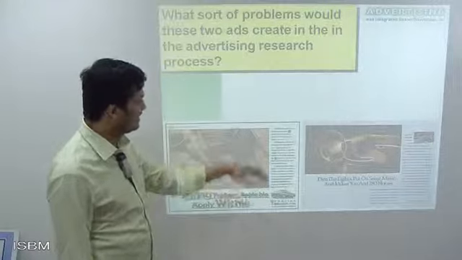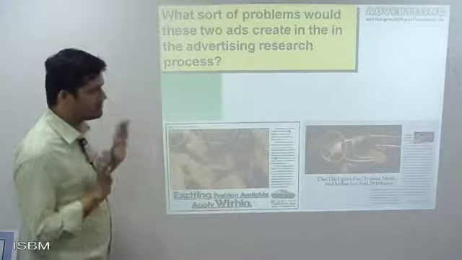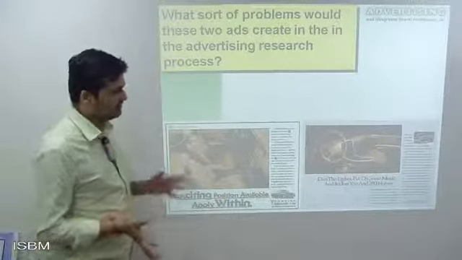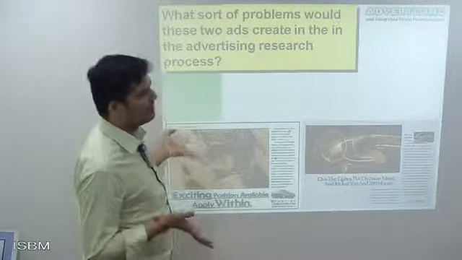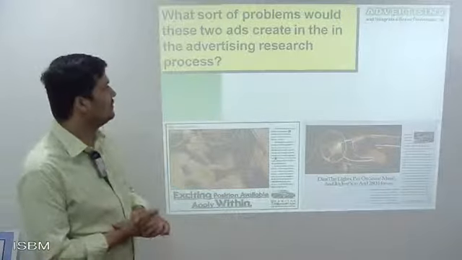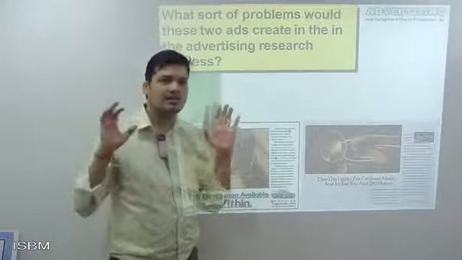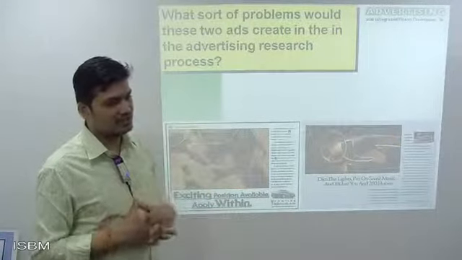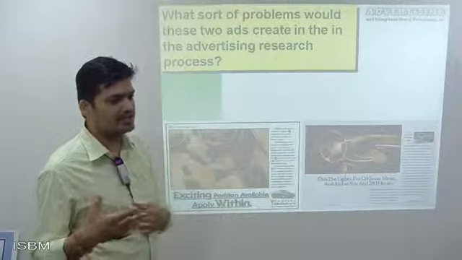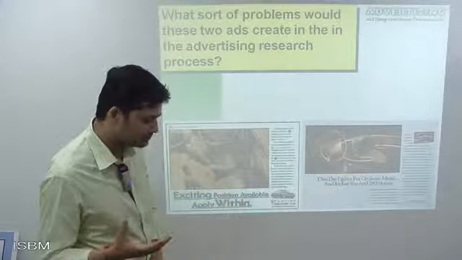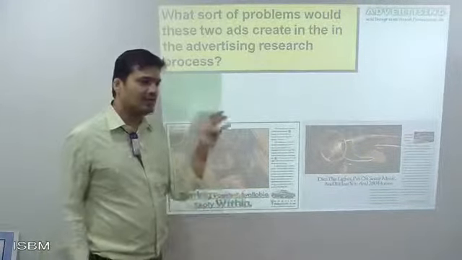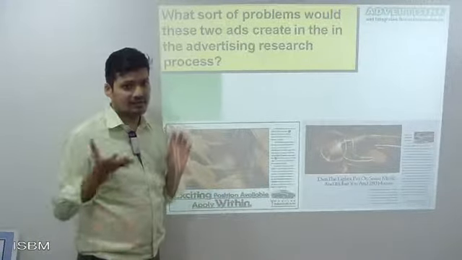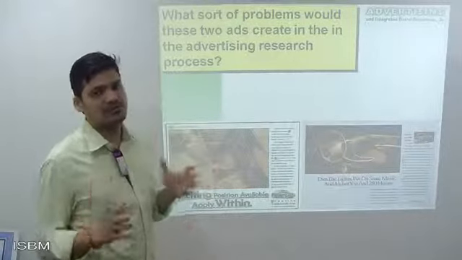So these two cars they have shown, and they are comparing them on the basis of different parameters, and they have shown how we are going to check this. Each and every time when you're doing the research, you need to compare, because comparison is very important in research. Most of the time when we research any FMCG product for its ad, we need to compare our product with some other product which is already running. So these things we need to keep in mind.